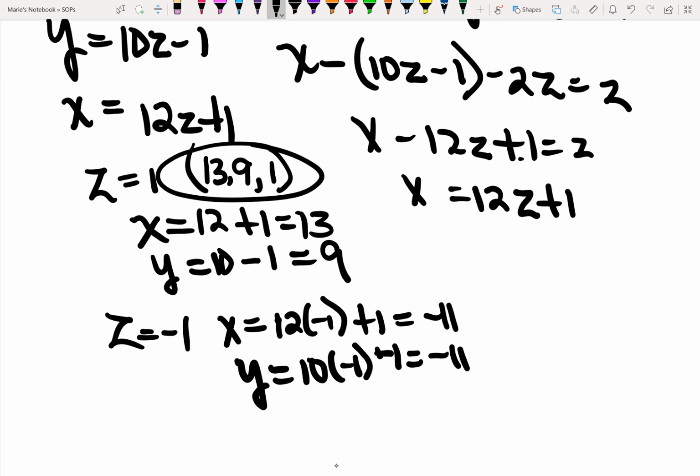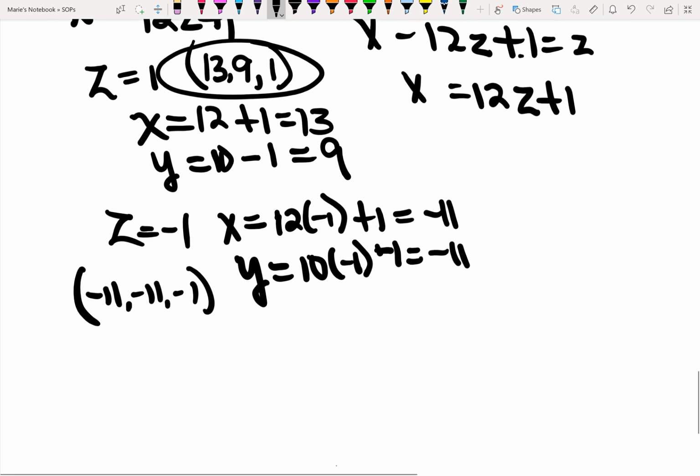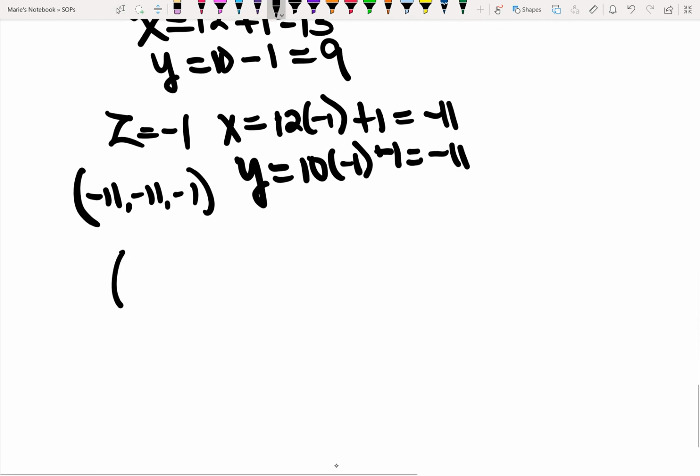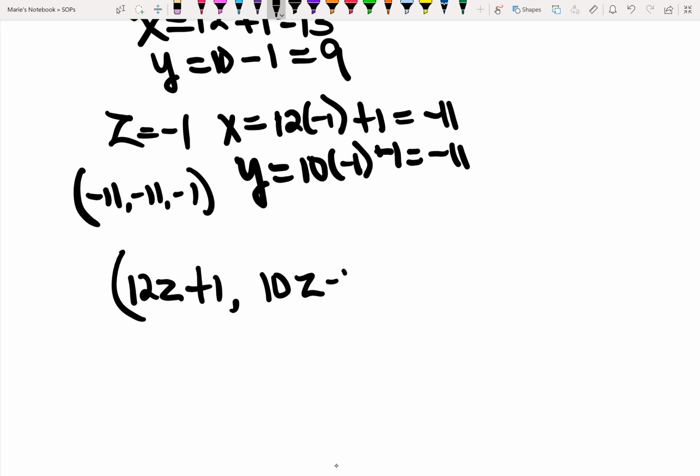And so in this case, our solution set would be -11, -11, -1. But that's assigning the values. So it could be anything. So our final answer for this would be 12z plus 1, comma, the y value, which is 10z minus 1, comma, and then z.